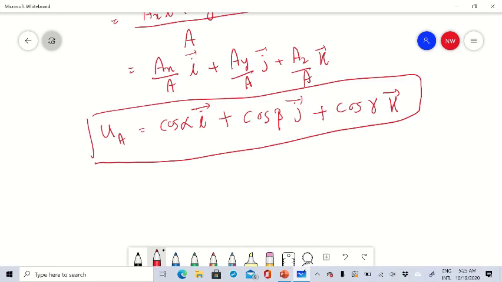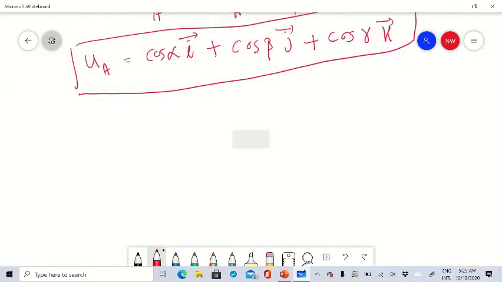There is one more important relationship. We know that the magnitude of the unit vector is equal to 1. So the magnitude of the unit vector is this part squared plus this part squared plus this part squared, square root, equal to 1.